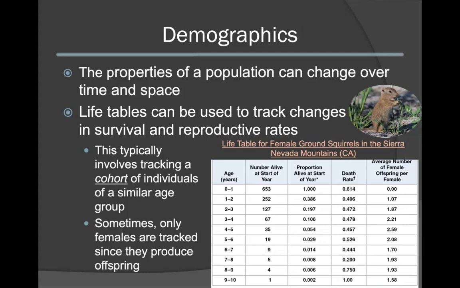We also note the death rate can change over time, following the cohort from 0 to 1 all the way to 9 to 10 years. Also note that the average number of female offspring may fluctuate over time. All of these aspects will give a general idea of how many individuals are added to a population as well as removed from the population. This will give a good idea of what is occurring to the population over time.